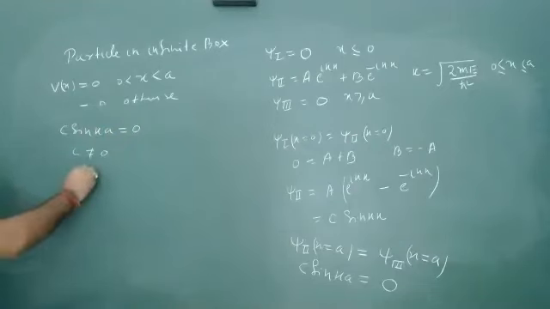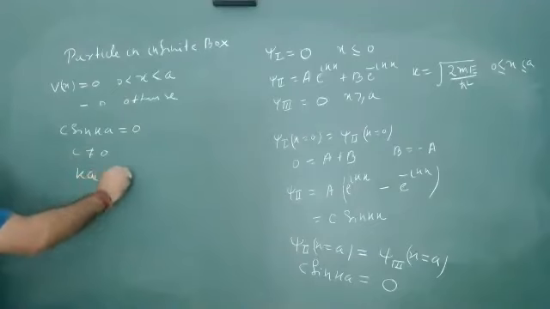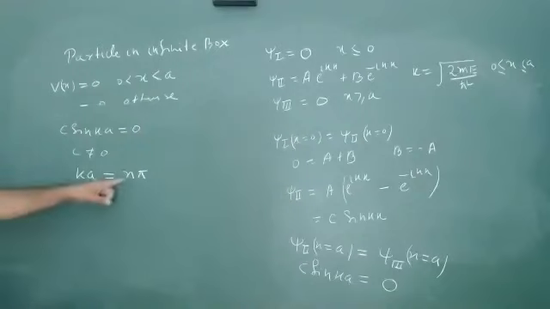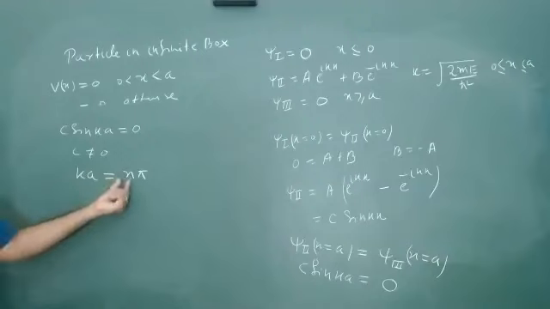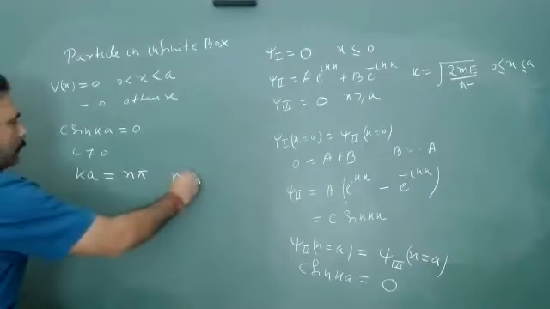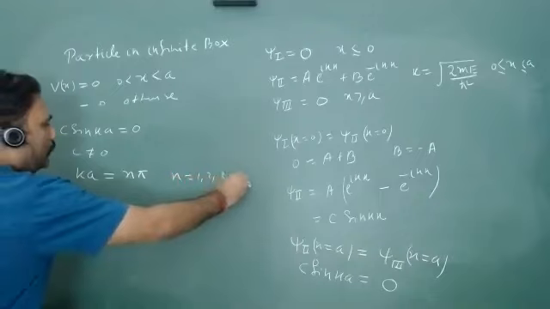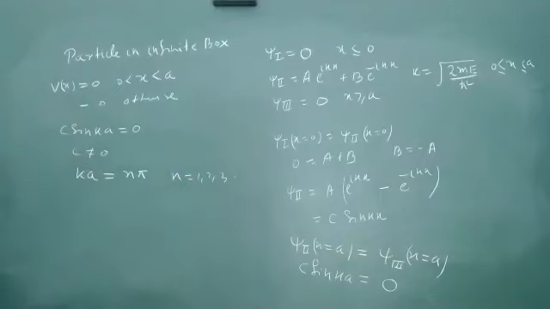So what will happen? ka must be equal to n pi. But we don't want k equal to 0. So the value of n can be 1, 2, 3, and so on.